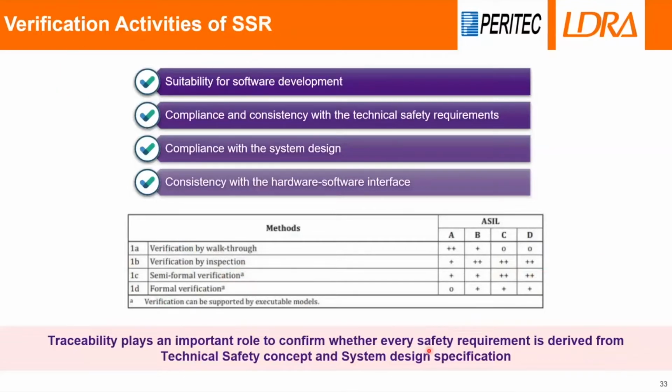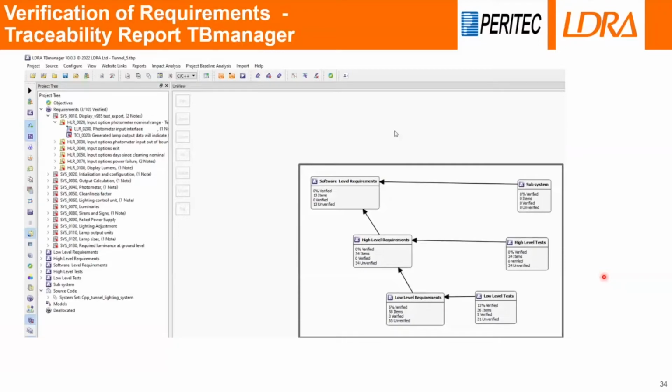So ensure that you are able to establish traceability and you are able to show it as evidence. This is one of the screenshots from LDRA's TBmanager tool module, which gives you the traceability of the requirement document. You can see that from system level requirement to high level requirement to low level requirement, you can establish the traceability reports, and also the unit level, integration level, or system level tests are performed based on the requirements.